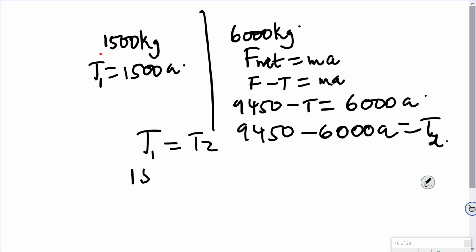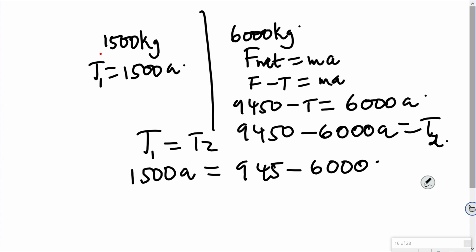It's 1,500 A. And then my T2 is 9,450 minus 6,000 A. Right? So combine the two.